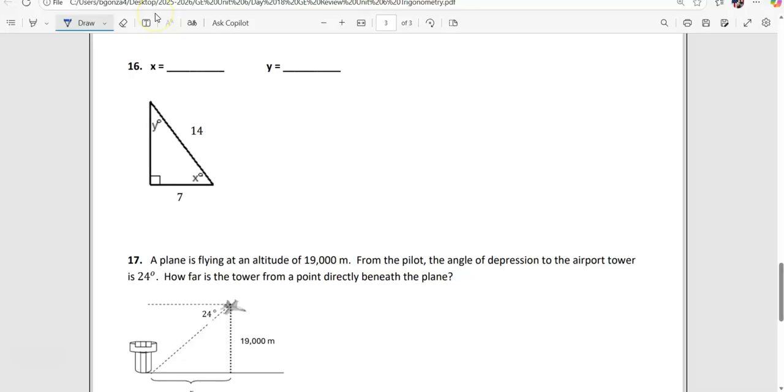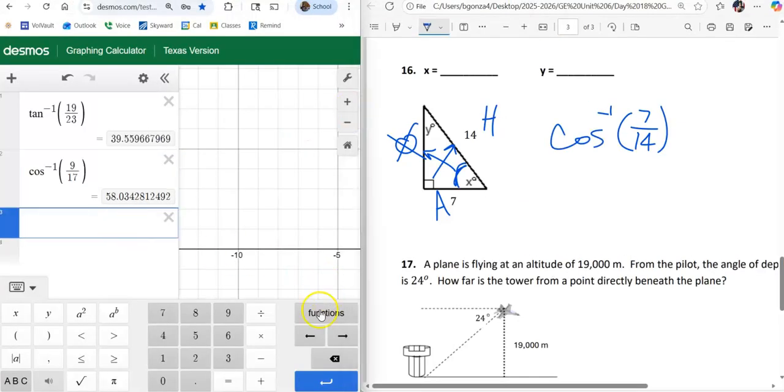Missing angle. So if you have two angles, don't sweat. Start with X. Label O, H, A. Cross out O. AH is cosine inverse A over H. Okay. 60 degrees.